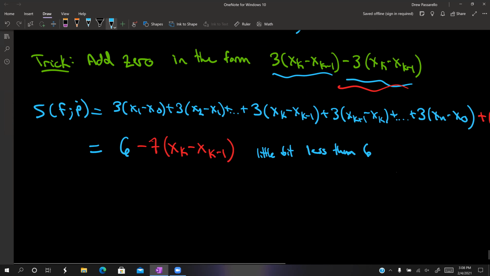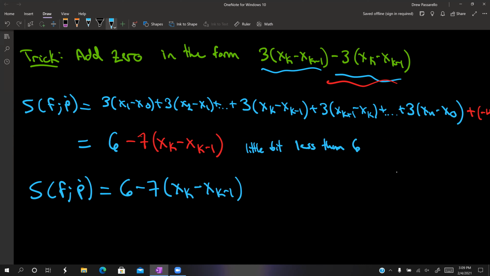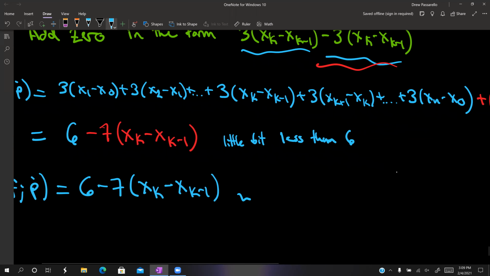That is what our sum would turn into. So our S of Fp is equal to 6 minus 7 times what we have in red above, when one of the tags is 1.